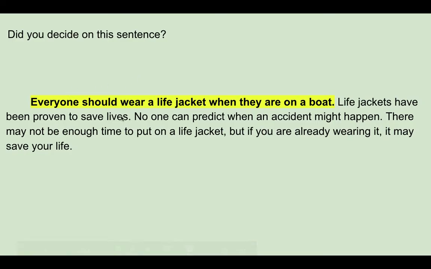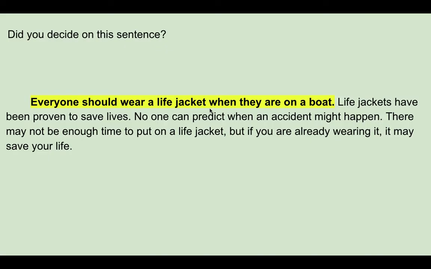Did you decide on the first sentence, everyone should wear a life jacket when they are on a boat? Now let's look at the rest of the sentences that follow, and I want to see if they will support what this sentence says. Life jackets have been proven to save lives. Does that support why someone should wear a life jacket on a boat? Yeah. No one can predict when an accident might happen.